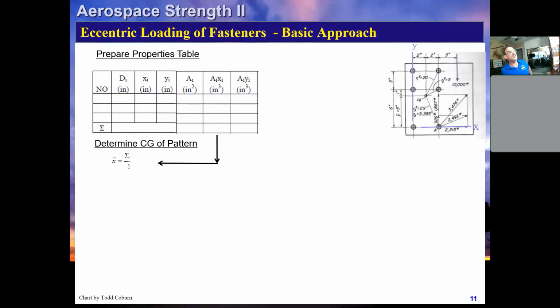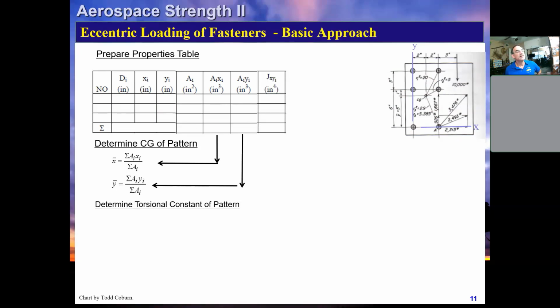Now, okay, here's our CG calculation. We said that. Next, we continue our table to get our torsional constant. We can actually do that directly.